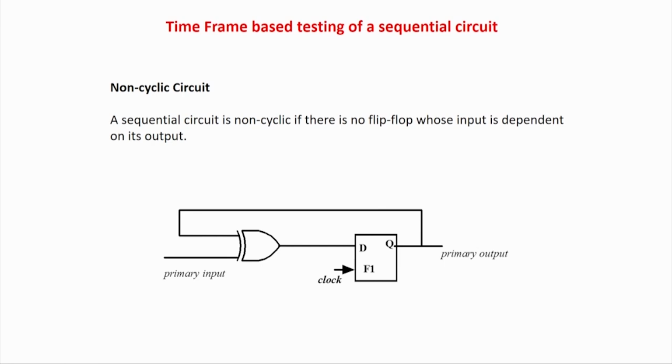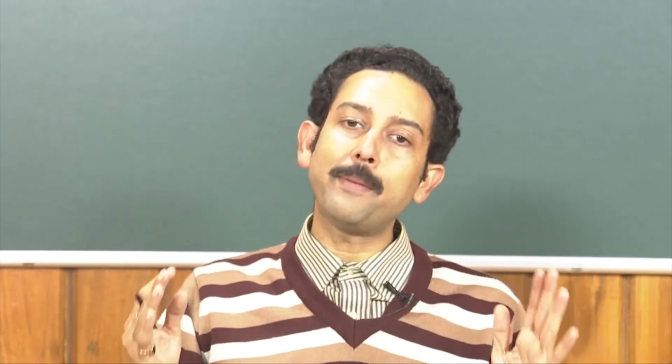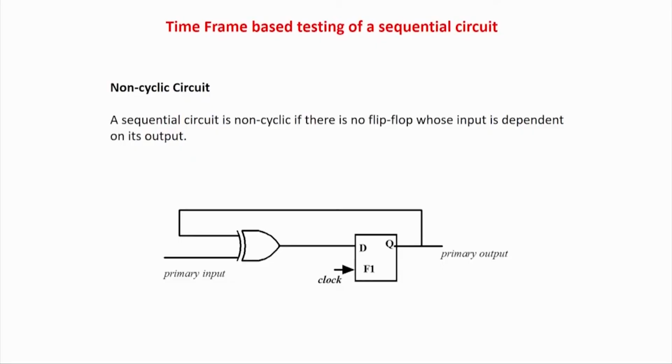But the other story is, if the circuit is free of cyclism, that is, if no flip flop in a circuit is cyclic, or all the flip flops are non-cyclic, then they are always controllable. Maybe there is some flip flop at 1000 level depth. You may require 9000, 10,000 depth, so 9999 clock pulses may be required, and all the flip flops from level 1 to 9999 have to be controlled to control the final flip flop whose depth is level 10,000.